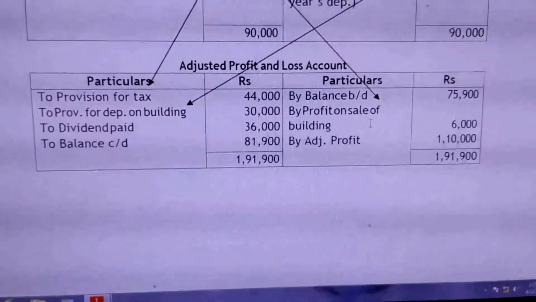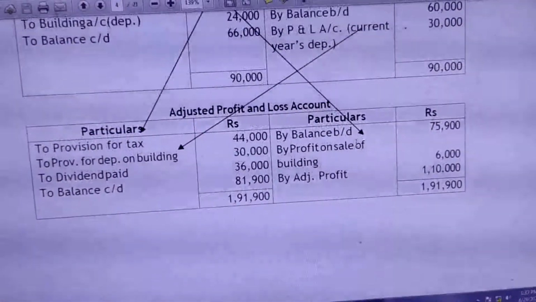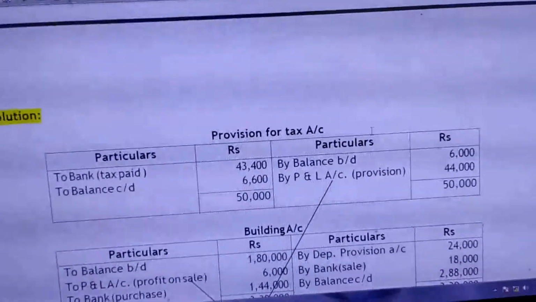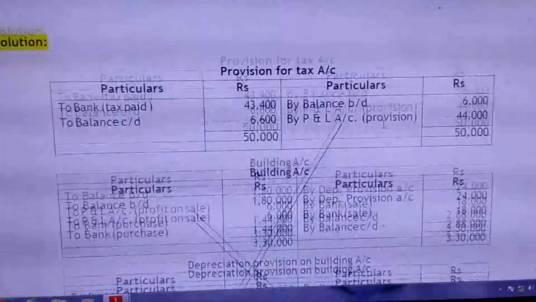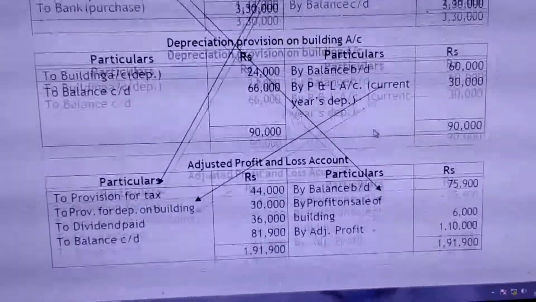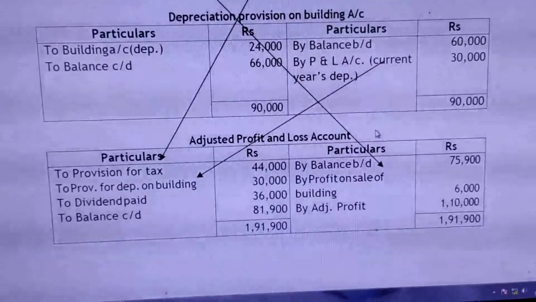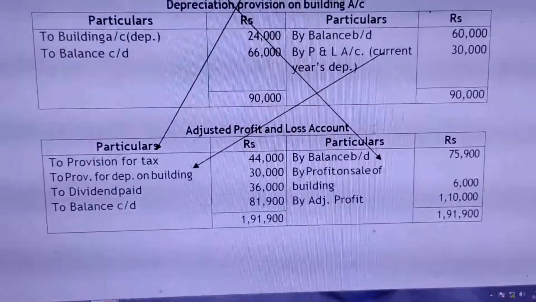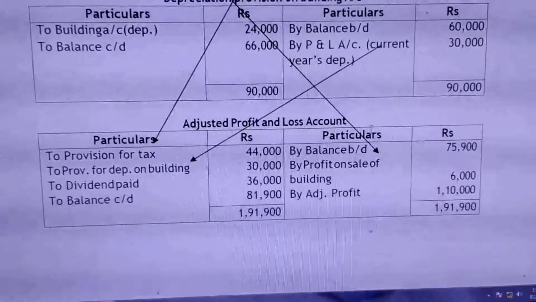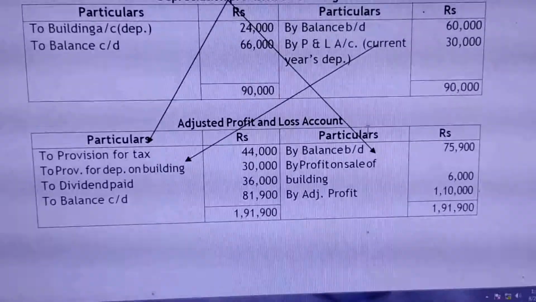So from all the above workings, the provision for tax is the first working, the building account the second working, and depreciation provision on building the third working. From these workings, you will get the 1,10,000 rupees adjusted profit.